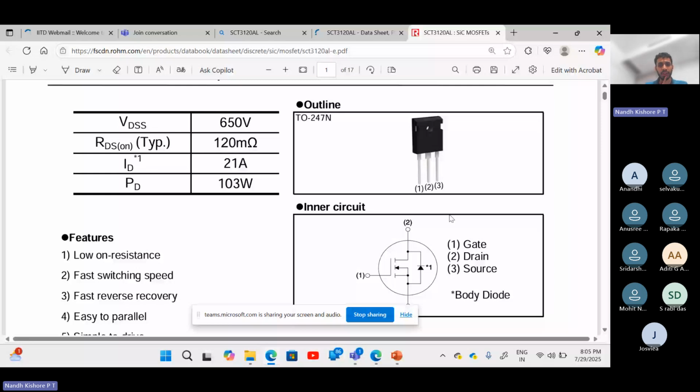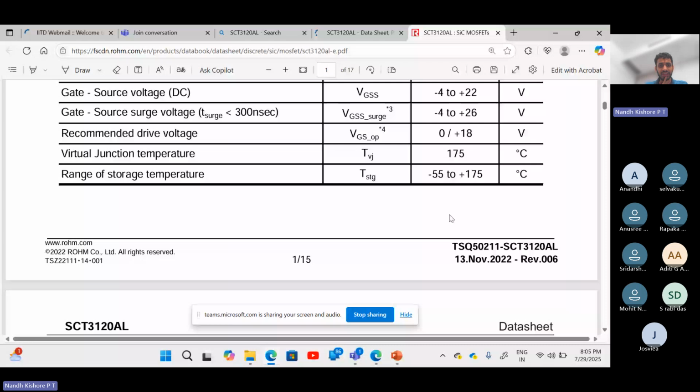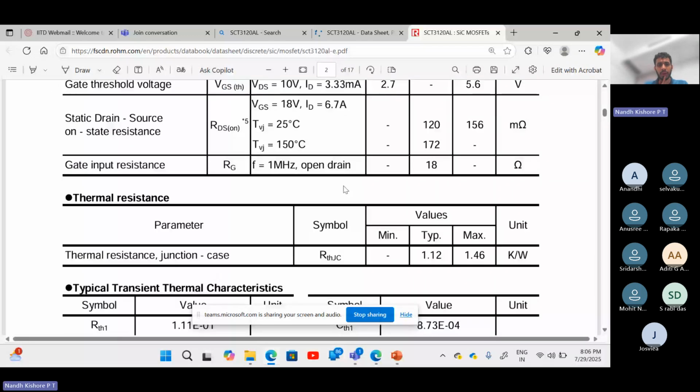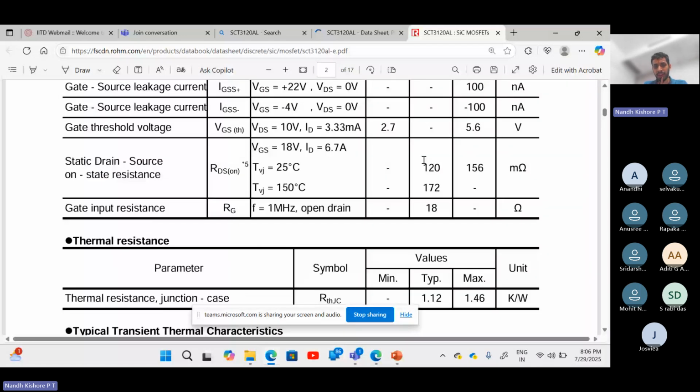Okay. So anyway, our interest is, see over here, the drain source resistance, right? RDS on. RDS on is mentioned as typical 120 milliohms at 25 degrees, right? At 25 degrees, 120 milliohms.